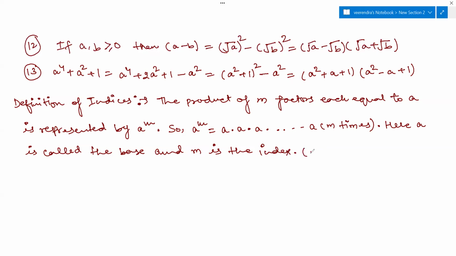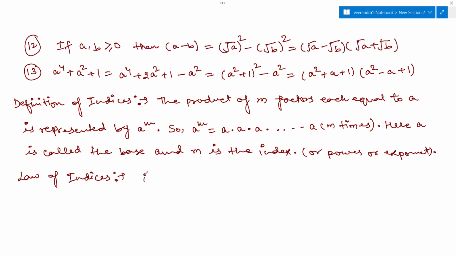Or we can say power or exponent as well. So now we are going to write law of indices. What are the laws that we follow here?